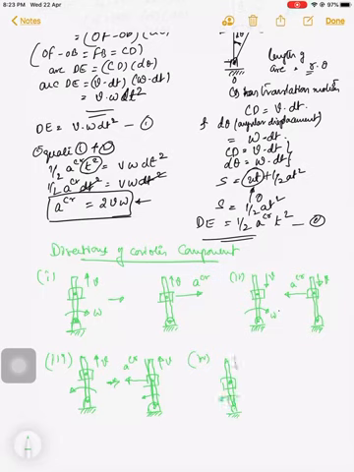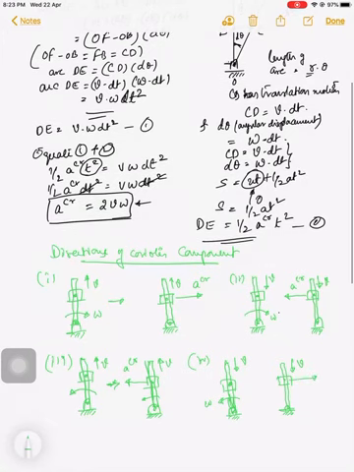When we consider a link rotating about a fixed point in counterclockwise direction, and when the slider is moving downwards with a linear velocity v, then the direction of the Coriolis component of acceleration will be like this.